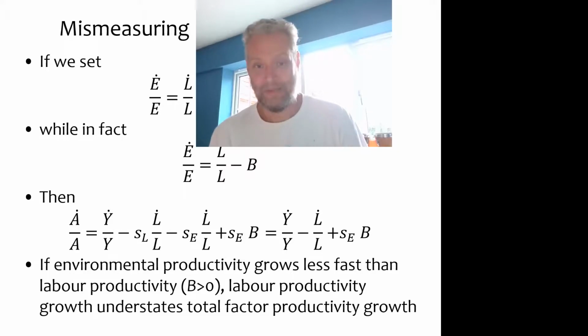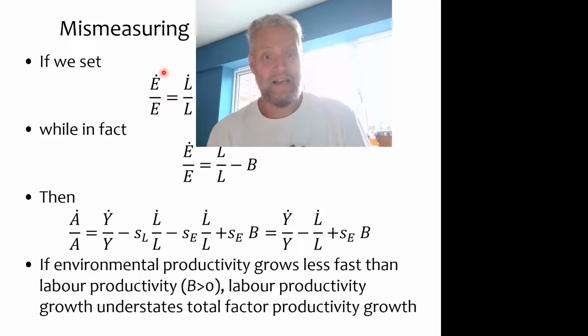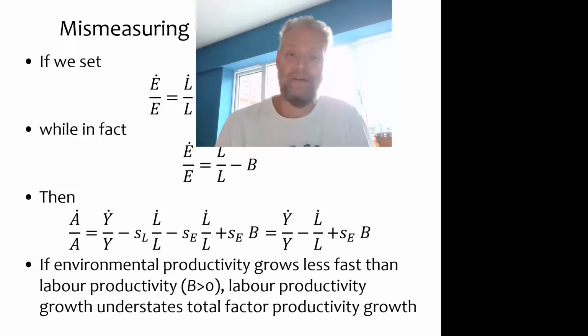So if we make the assumption that the proportional growth rate of the environment equals the proportional growth rate of labor, then what we have is that our proportional growth rate of total factor productivity is the proportional growth rate of the economy minus the proportional growth rate of labor inputs.